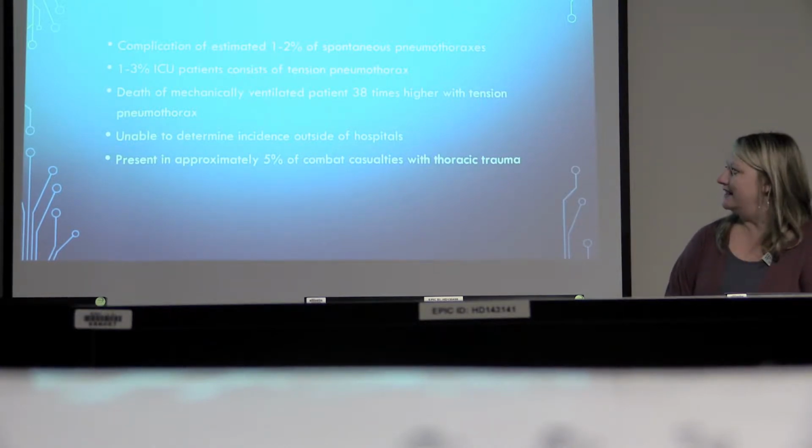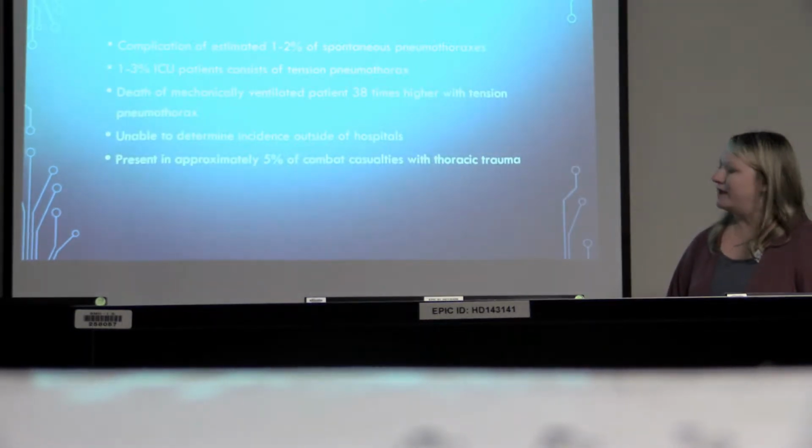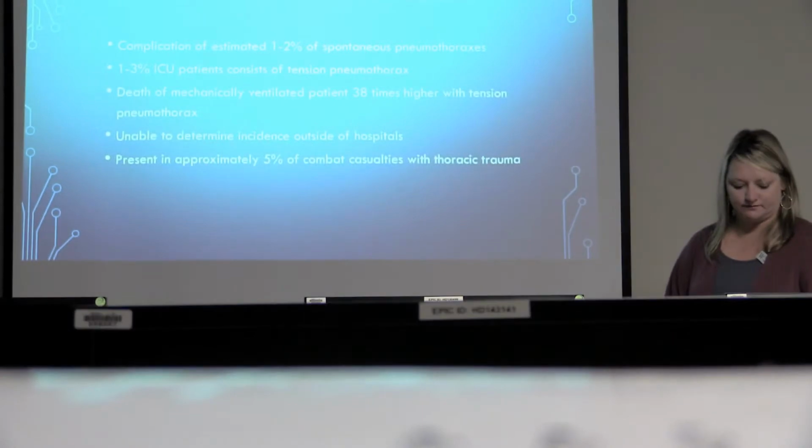The incidence of tension pneumothorax outside of hospitals is unable to be determined, with reported cases being 0.7 to 30% of general trauma patients. Tension pneumothoraxes are present in approximately 5% of combat casualties with thoracic trauma.